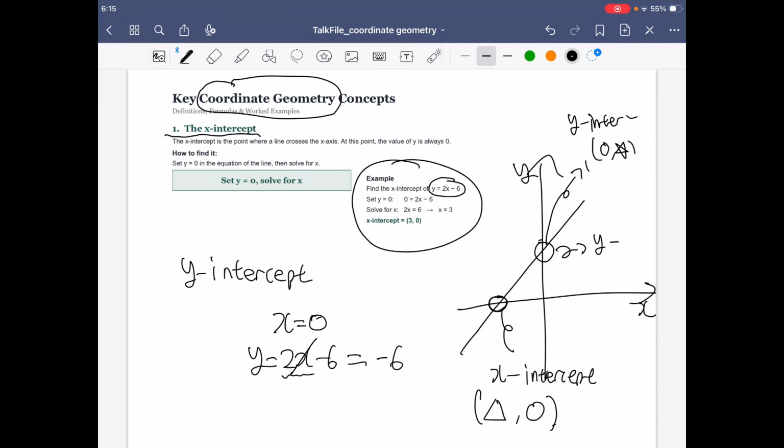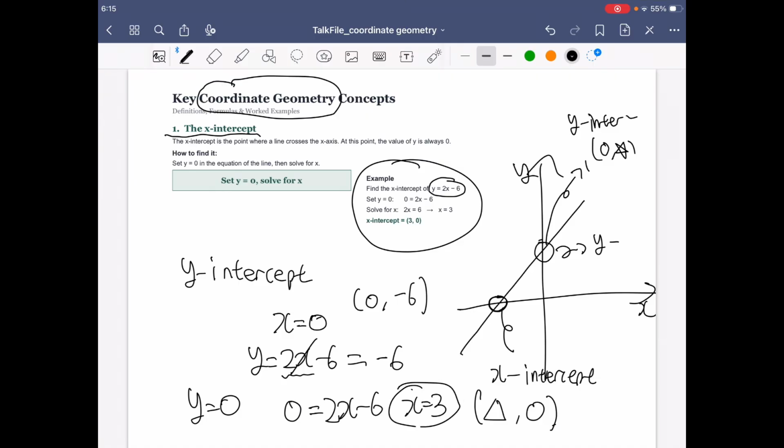So the y-intercept would be (0, -6). Now if we want to find the x-intercept, then put 0 into y. So 0 equals 2x minus 6. In this case, x equals 3, and that's how you get the x-intercept (3, 0).